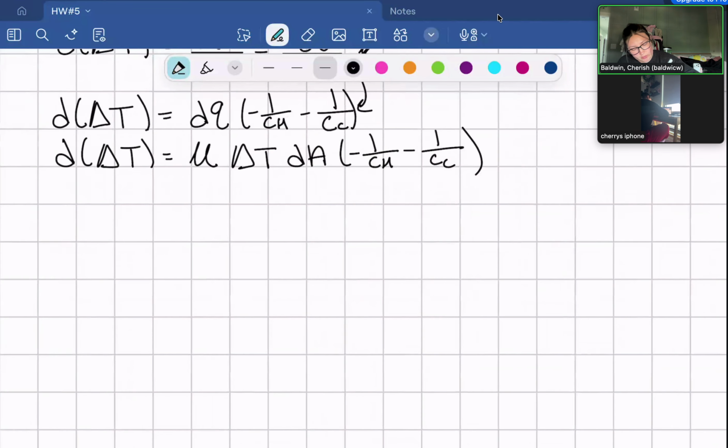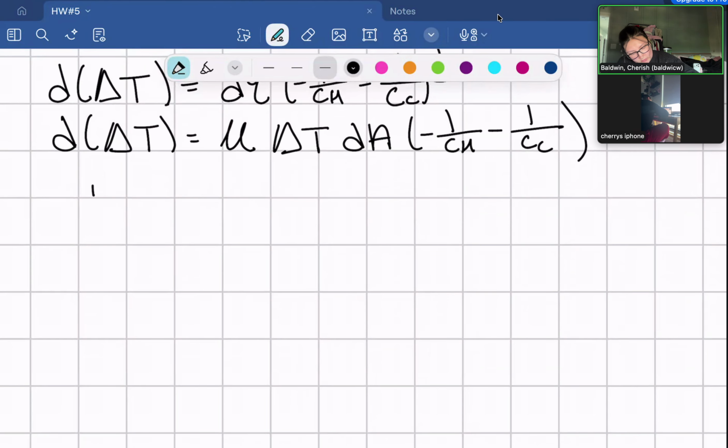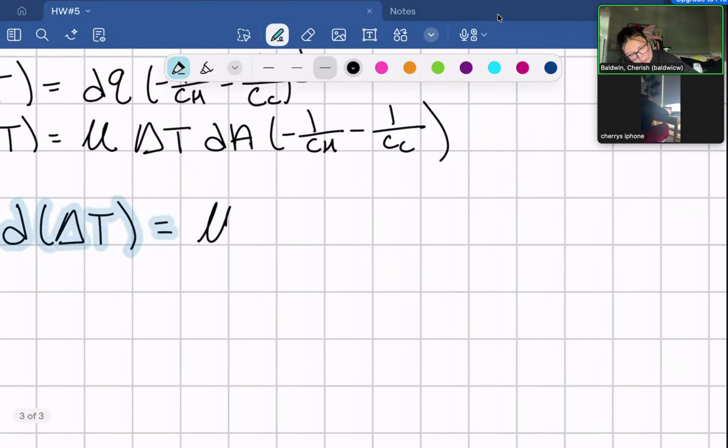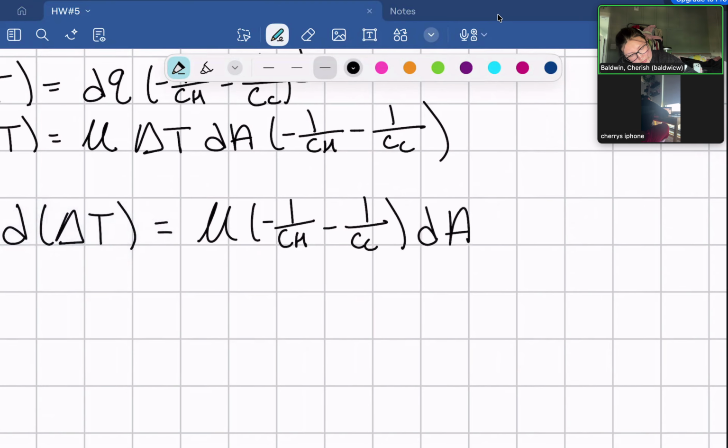So we're going to write this as 1 over delta T d delta T equal to U, and we're going to integrate this.